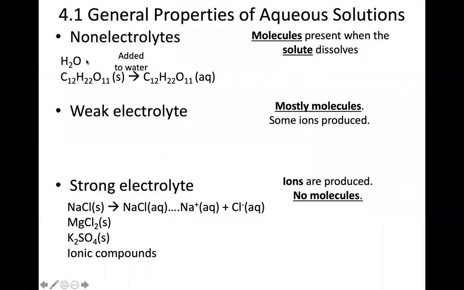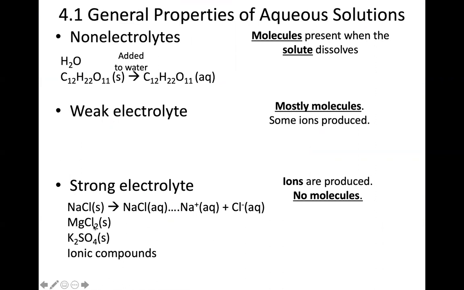So if I go back to this and add a few more details. When I'm thinking about strong electrolytes, sodium chloride was a strong electrolyte, gave me ions. How about magnesium chloride or potassium sulfate? These are all ionic compounds. I think we have a pattern here. It sure seems like all the ionic compounds are strong electrolytes.